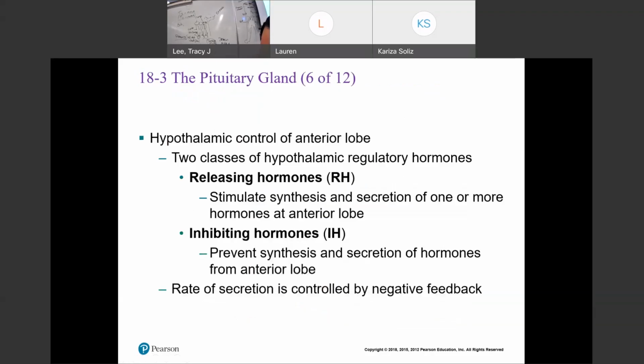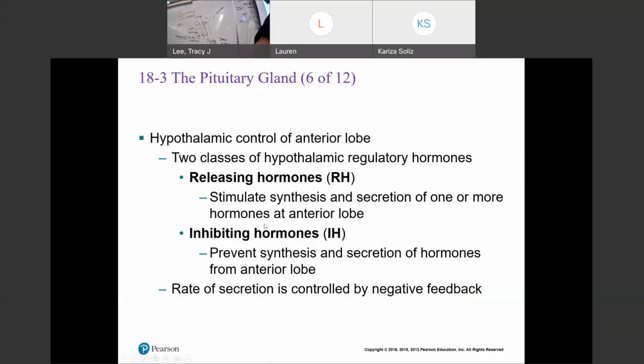We have releasing hormones and inhibiting hormones. So a releasing hormone is going to stimulate synthesis or secretion of a hormone from the anterior lobe of the pituitary gland. Inhibiting is going to shut that off. So we're either going to ramp it up or we're going to turn it off.